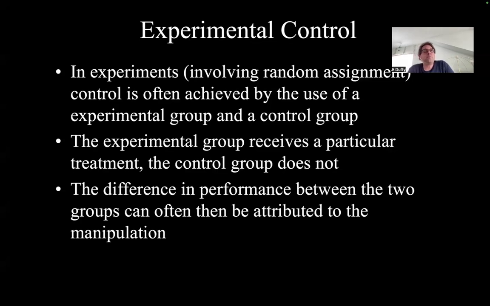Maybe people that come in the morning to experiments tend to be more introverted, so they don't hang out with many people, so they're not exposed to a disease. Whereas people that come in the afternoon, maybe they're into nightlife, for instance, and they interact with more people on a daily basis, and that could explain why they're getting sick and the ones in the morning are not getting sick. So you want to exert control over your experiment to prevent those kinds of problems from occurring.